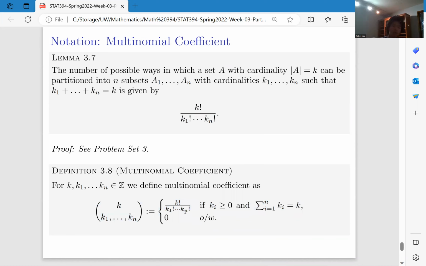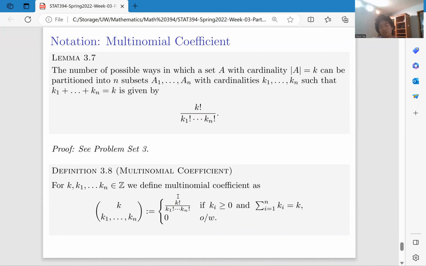So remember, in the binomial coefficient, here is n factorial over k factorial times n minus k factorial.